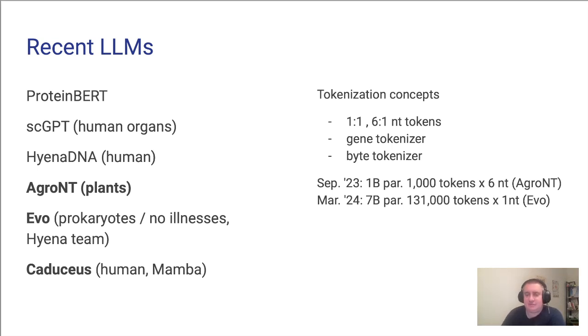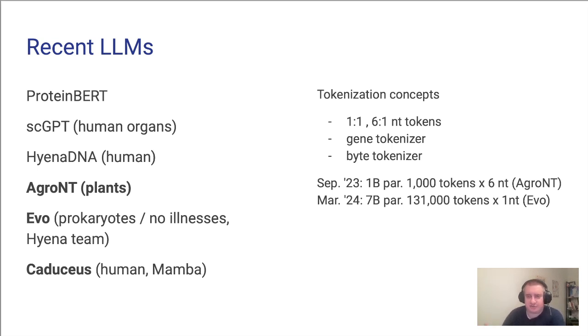By the time the EVO paper had come out, there were all these things people are doing with Mamba or with the rope scaling, which is the rotational encoding. And so they're claiming to have a 131,000 token context. And so they've decided to do individual nucleotides for that.